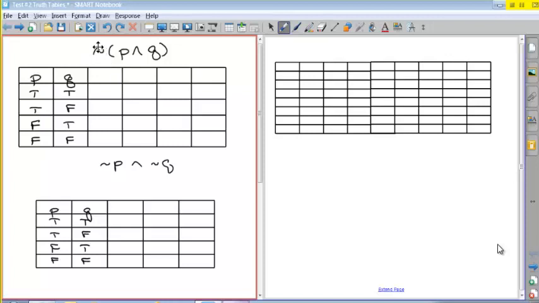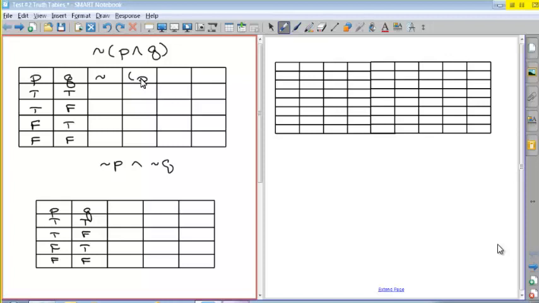Now, the mistake a lot of people made on the test was we had this logic expression with the negation outside the parentheses. What that means is whatever the result of this logic argument, we have to do the opposite to. So we need a column just for this outside negation.